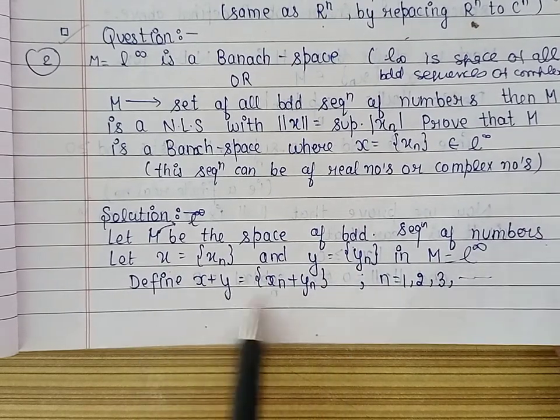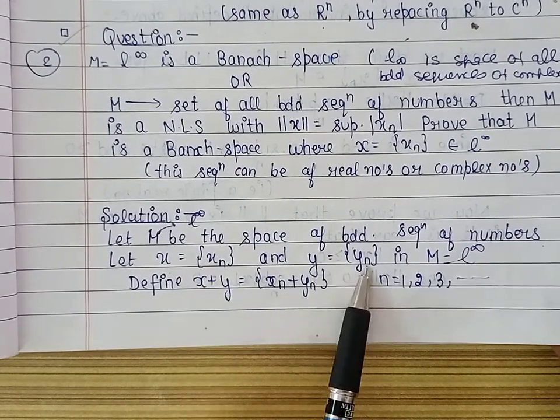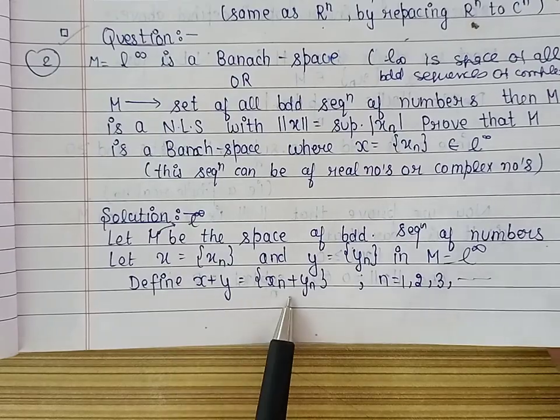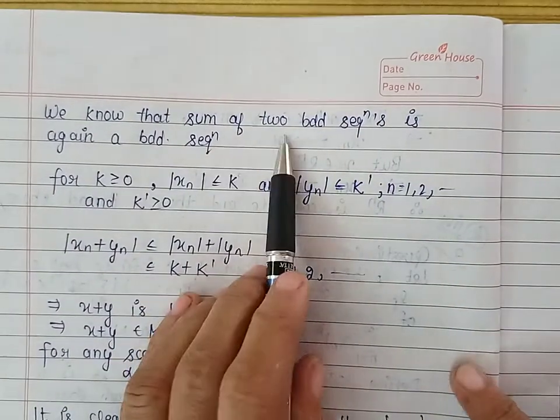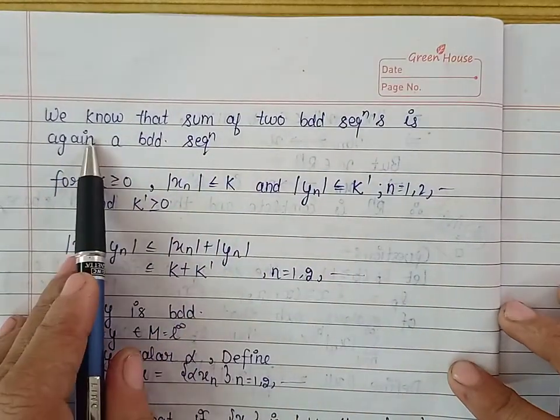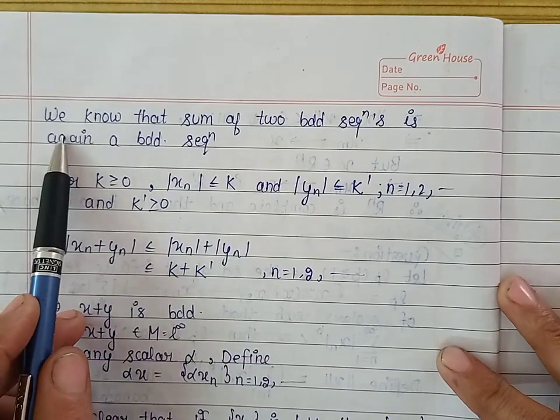Now let us define x plus y. Because x is the sequence x_n and y is the sequence y_n, we can define x plus y in this way. Because both sequences are bounded and the sum of two bounded sequences is again bounded, x plus y will also be bounded.